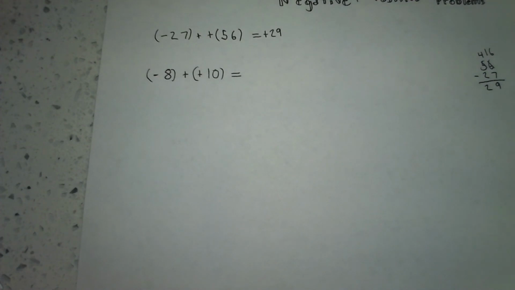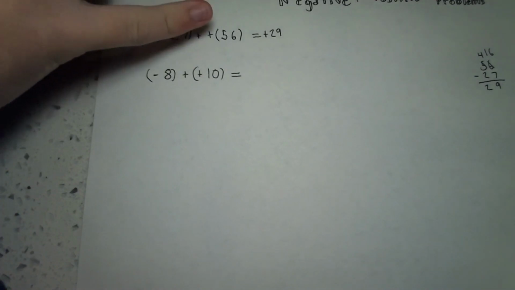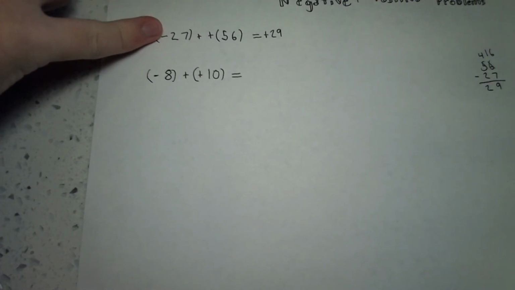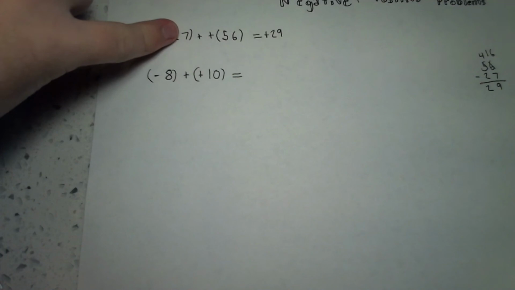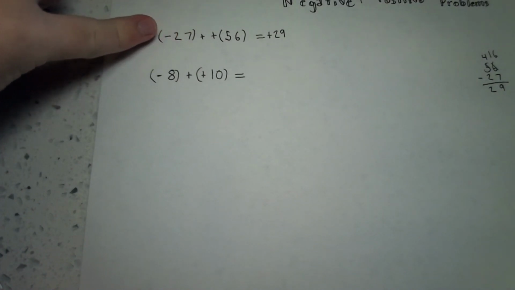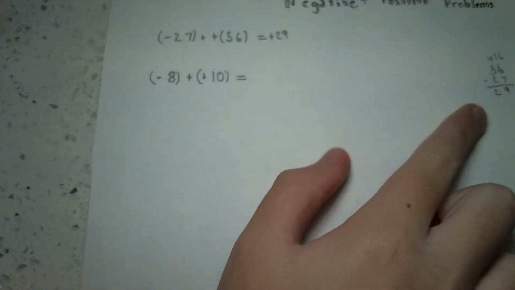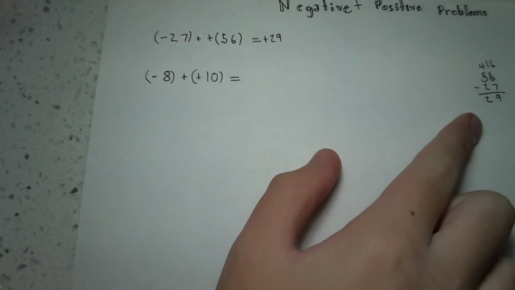So I subtracted them because they're different signs. When you're adding a negative, you go back the negative number. So like if you have 56 and you add -27, instead of adding 27, you go back or minus 27, which is what happened here. 56 minus 27 equals 29.